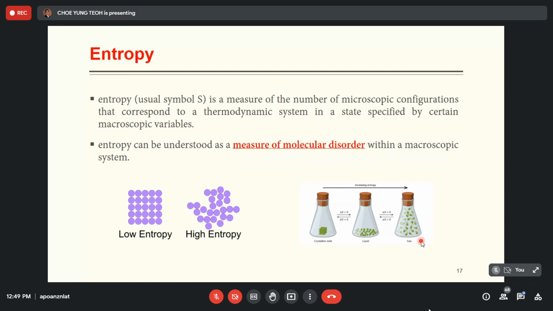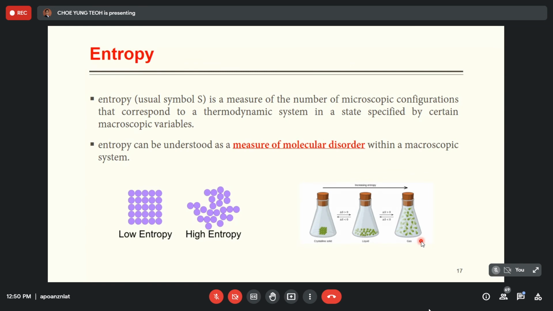All the cars move very fast, and they come from different directions. Are you able to travel from this point to the destination easily and very fast? No, you will be hit by the surrounding cars. Even if you can reach it, you have lost a lot of energy due to collisions. So we call this entropy in the molecules.